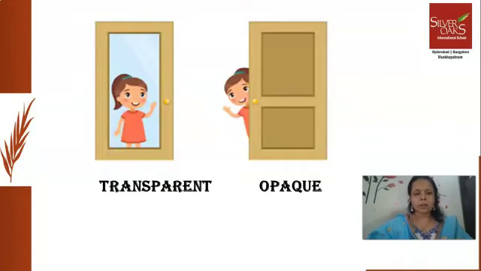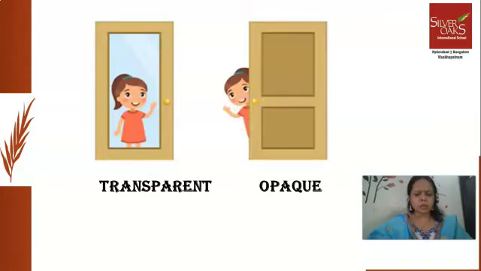Look here, a girl is standing behind the door. I can see this girl because the door is made up of glass, which is transparent. And look here, I cannot see this girl completely. Why? Because this door is made up of wood.